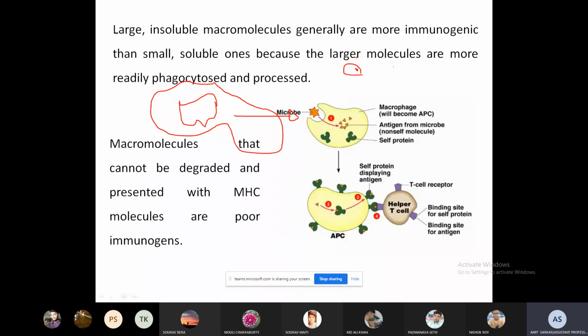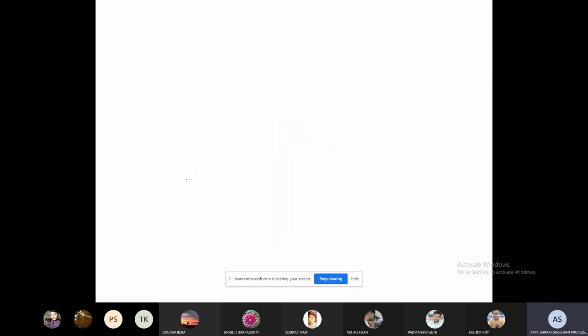So they are lacking immunogenicity or they're poorly immunogenic in comparison to the big one. Big ones are advantageous for us as our macrophage can see them very clearly, can engulf them clearly. So macromolecules that cannot be degraded and presented with MHC molecules are known as poorly immunogenic.